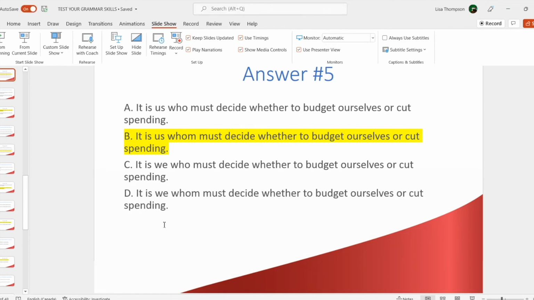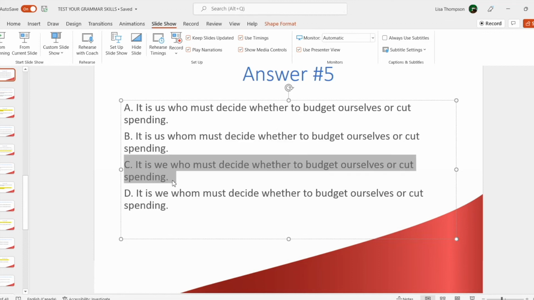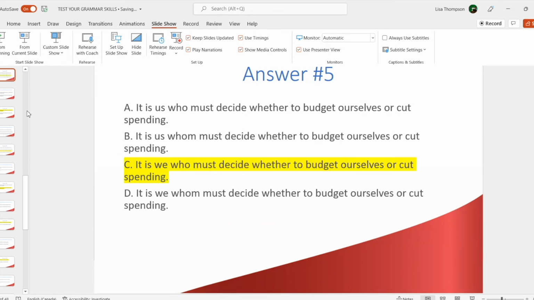Or C? I thought you said pick B. I didn't even read it, honest to God. C. It is we who must decide whether to budget ourselves or cut spending. Yep, great catch. Thank you for that. Worser. Is that a word? Nah, shouldn't be.